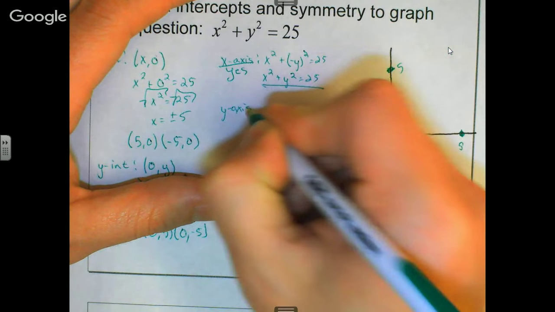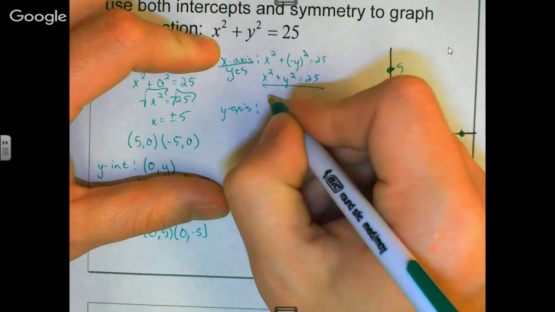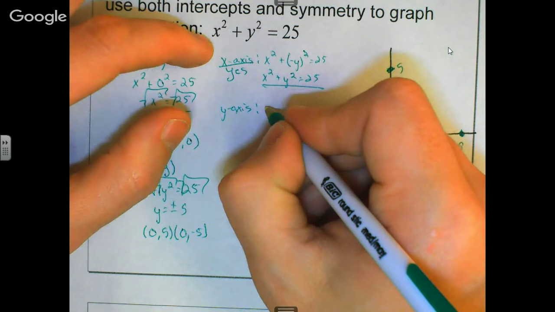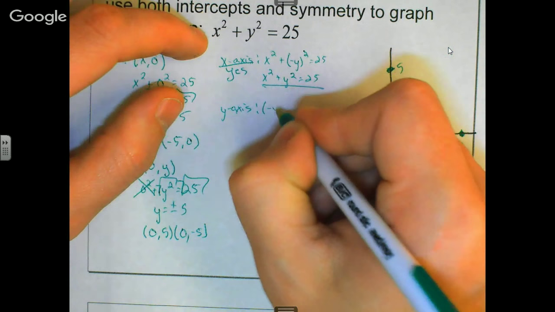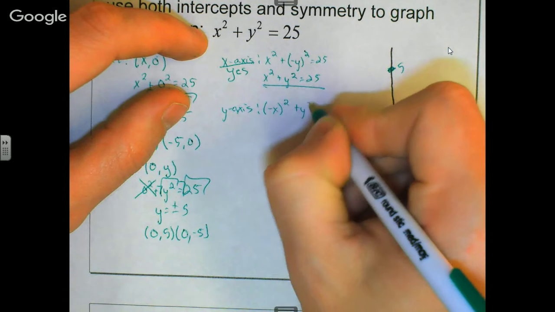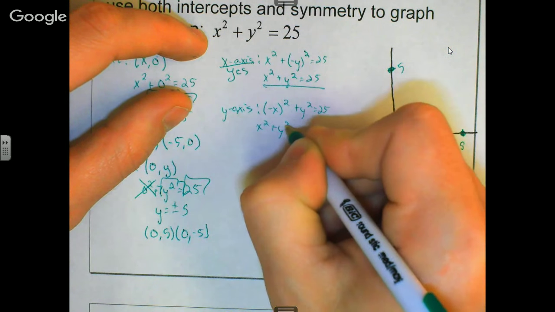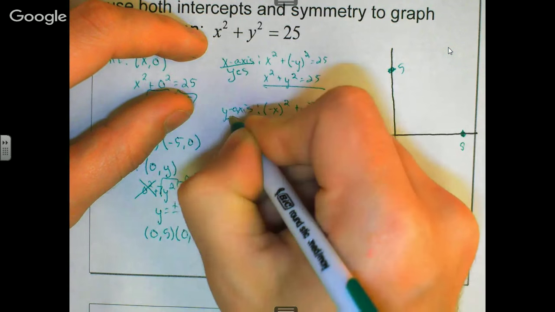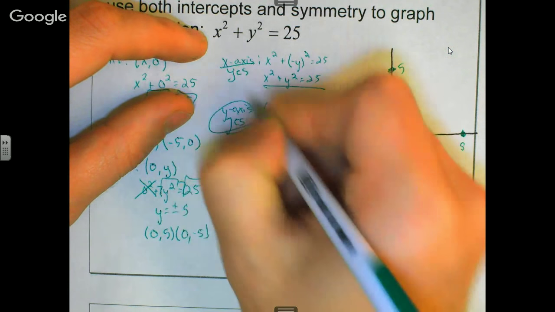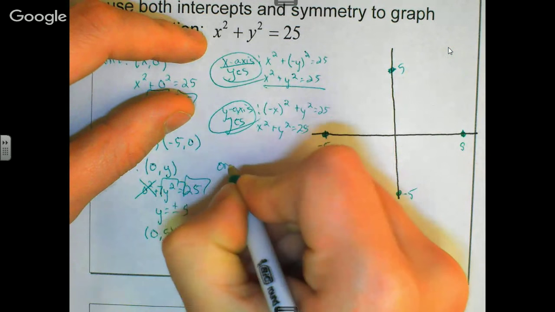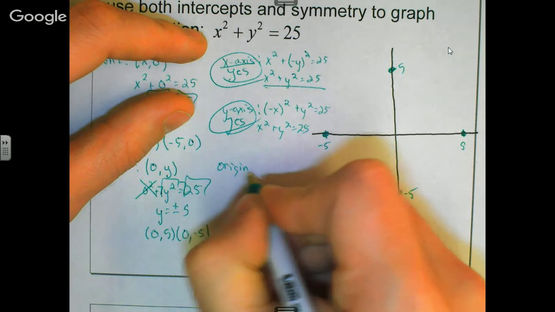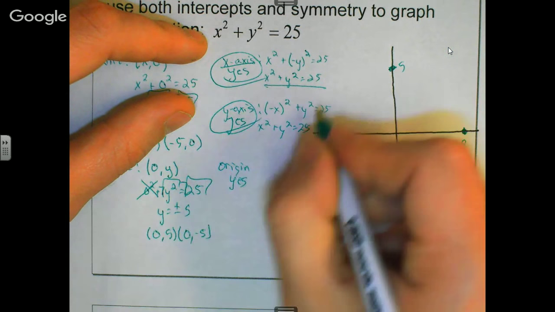Y-axis. You plug in negative x. So that's x squared plus y squared equals 25. So that's also a yes. And origin, hopefully you're saying yes, because it's both of these.